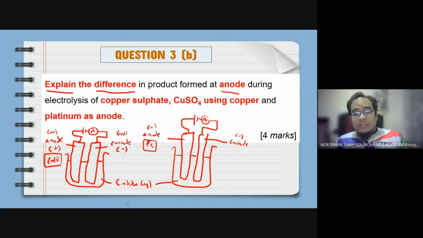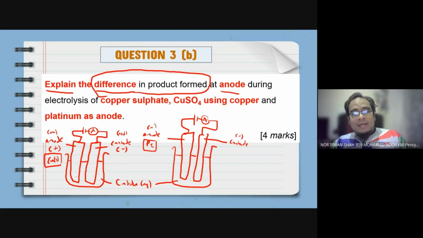Untuk cathode kita tak tengok lah, kita tengok pada anode sahaja. Nampak tak guys? The first electrolytic cell, kita guna anode adalah copper. Solution copper sulfate. Okay, the second electrolytic cell, kita menggunakan anode platinum instead of copper tadi. Okay, so sekarang ni itu yang kita nak buat comparison. Apa perbezaan? Dan kalau you tengok pada soalan, dia nak kita explain apa ni? Dia nak kita explain difference in product form. Nampak tak? Apa maksud product form?